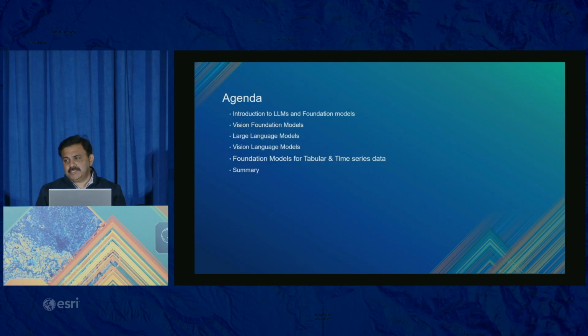So for computer vision and using those with imagery, then talking about large language models, using those with text data, and then multimodal models, combining both vision and language, or foundation models for tabular and time series data. And then finally, we'll have a short summary and end the session.